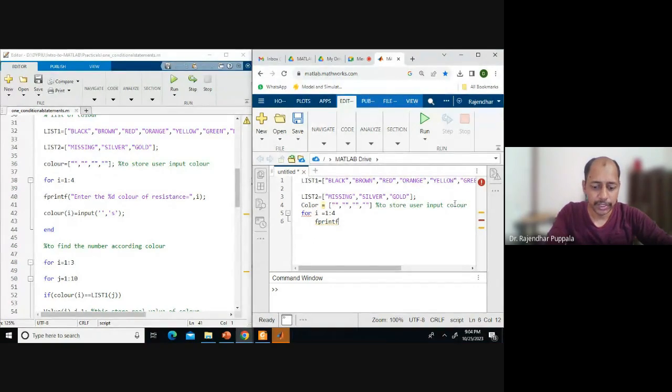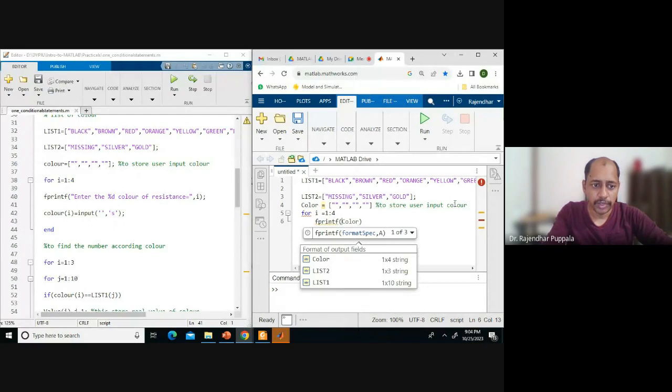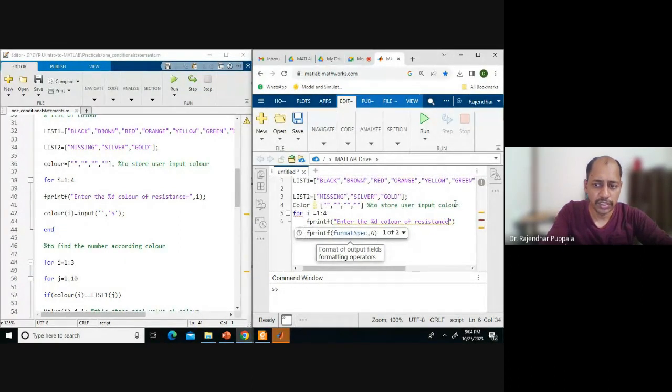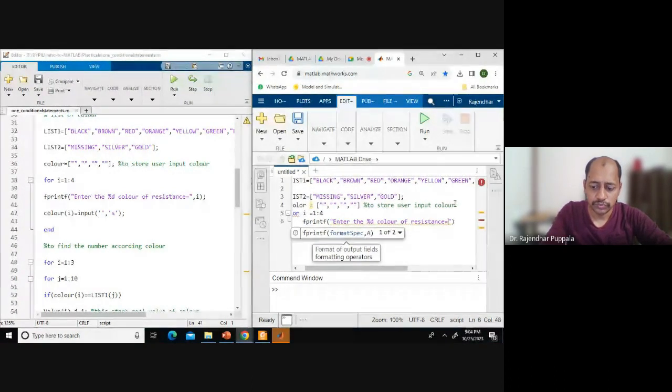Bracket, 'Enter the %d color of resistance is', comma i.